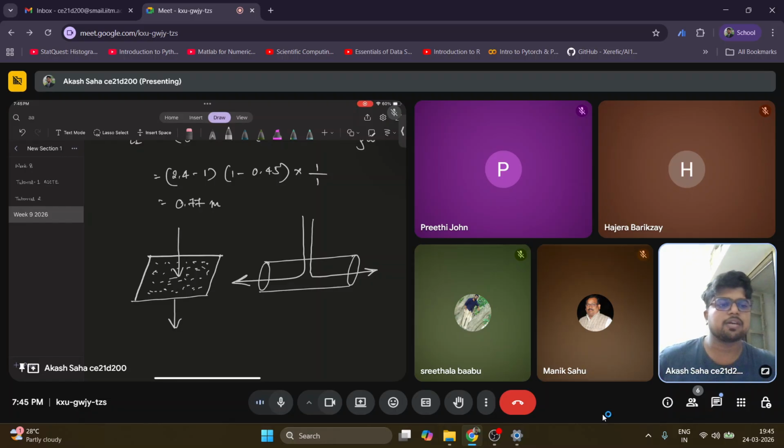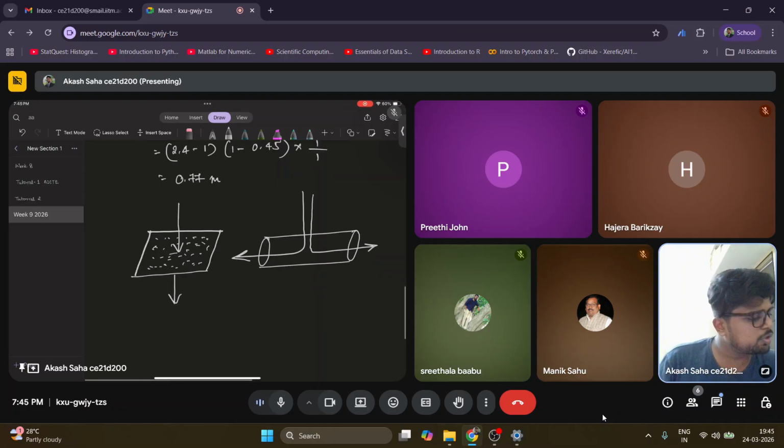Water is coming from the outside, going through the surface area throughout this cylinder, and going inside. This is known as outside in. From outside it is going in.